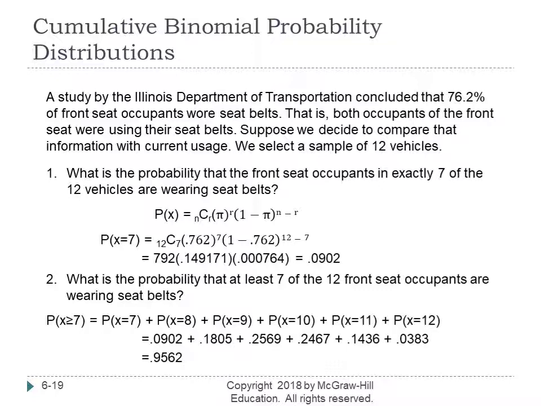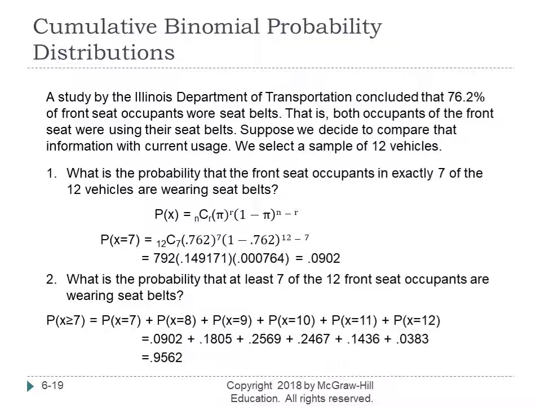Now we want to compare the information with the current usage. We want to test this result. In this case, we will take a sample of 12 vehicles, and we want to calculate different probabilities. And again, before you do any calculations, you must recognize this as a binomial experiment. You are looking now for cars where people are wearing seat belts.